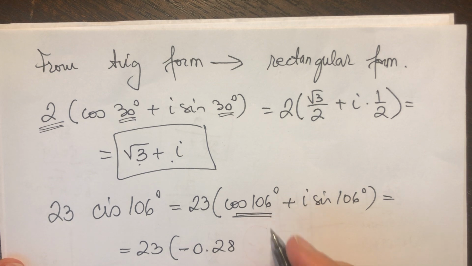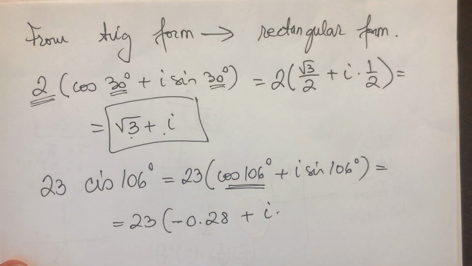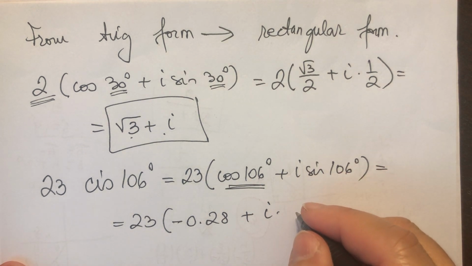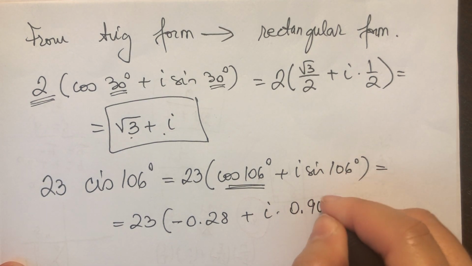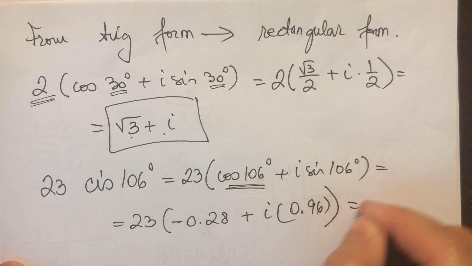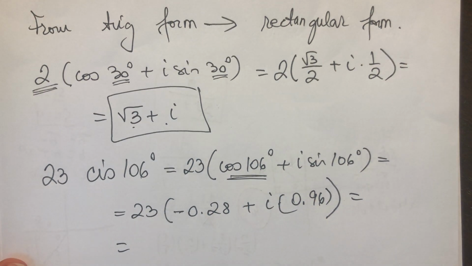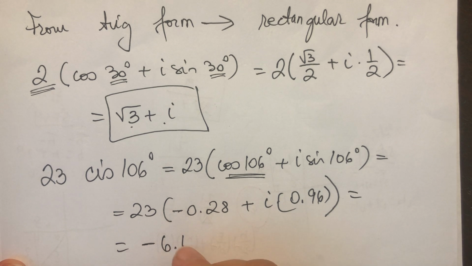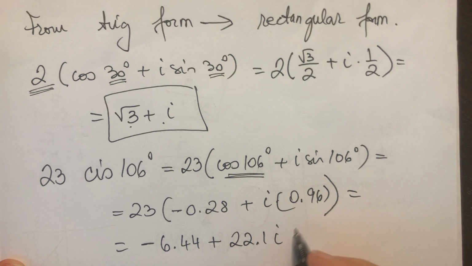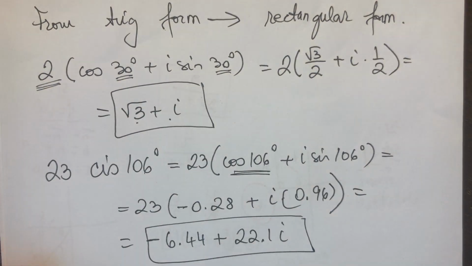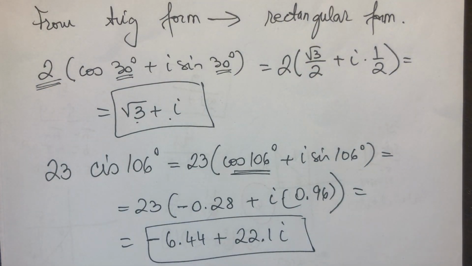This is a second quadrant angle, so sure enough the cosine is going to be negative. And sine of 106 is 0.96. Then you multiply them both by 23. So you get negative 6.44 plus 22.1 many i's. It's okay to throw the i behind in this case. Okay, that's its coefficient. All right, so we're going to stop this video, and I'm going to continue with more in the next one.